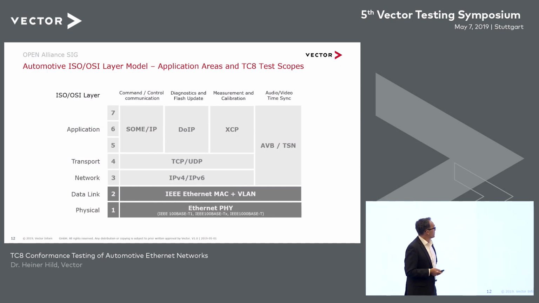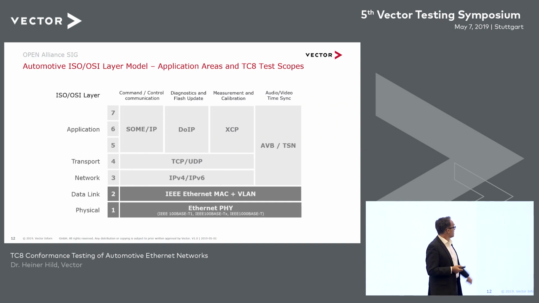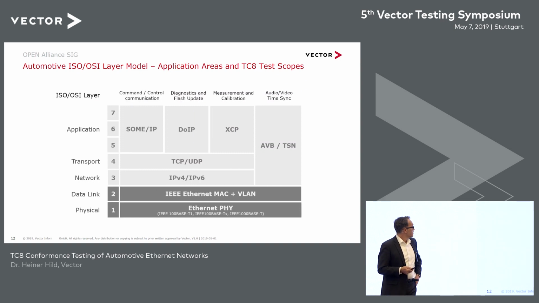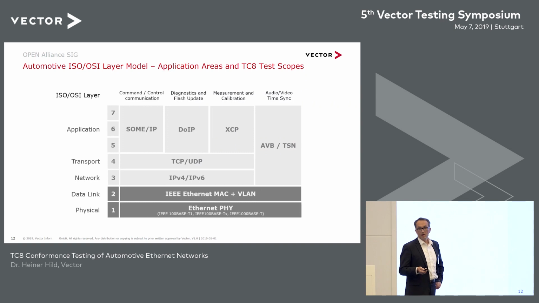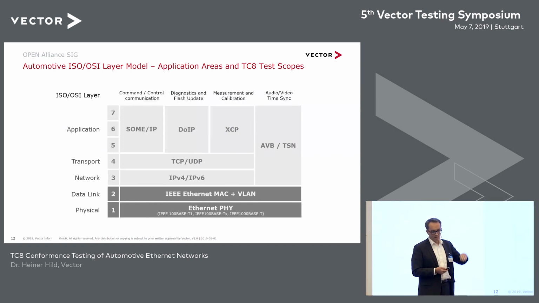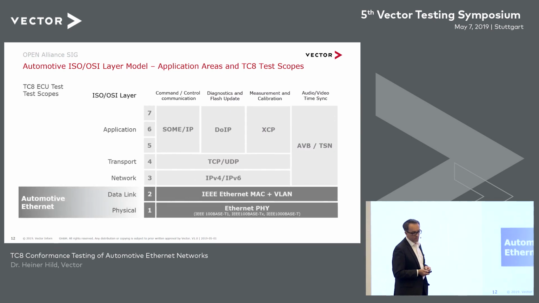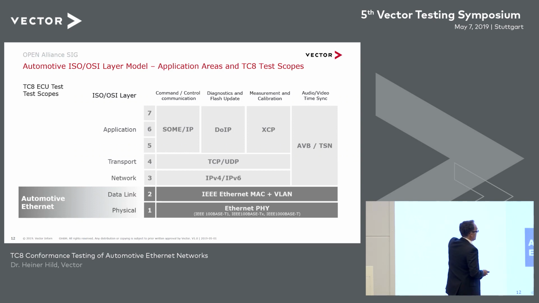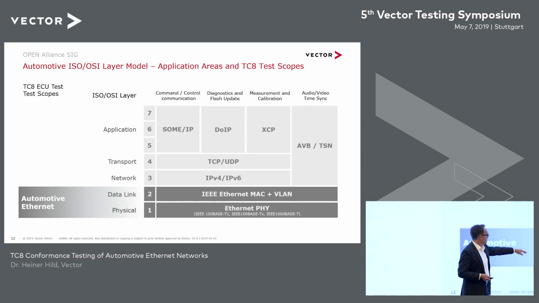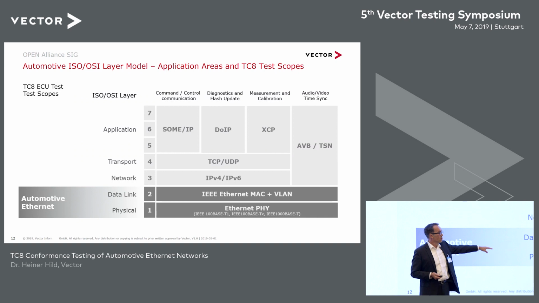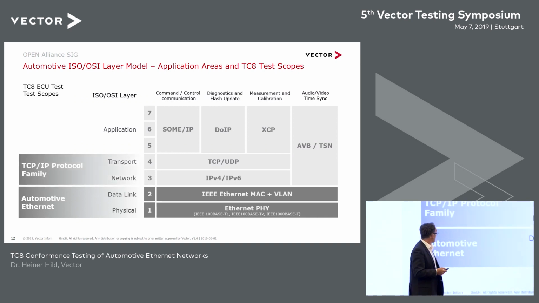And in this context, let's take a look at the software for Ethernet. Those are the ISO OSI layer models for Automotive Ethernet software. The test spec has the target, and did implement that target, that all 7 layers are to be described. It's organized for that purpose in so-called test scopes, the first one being Automotive Ethernet, and it serves the 2 basic layers, the genuine physical layer and also the data link layer.